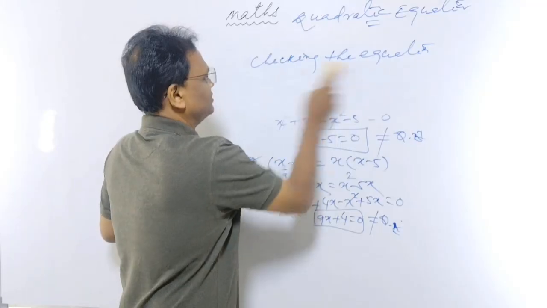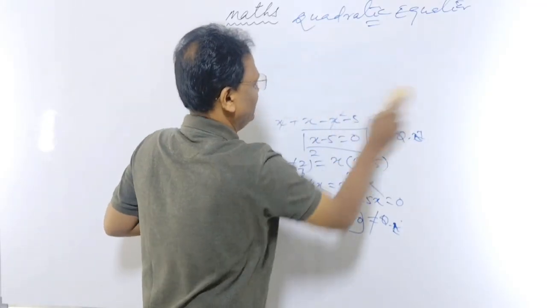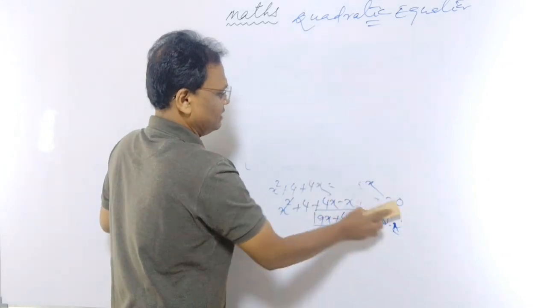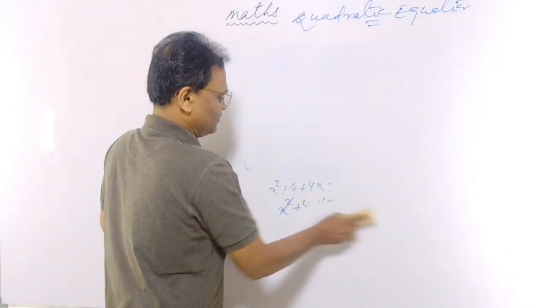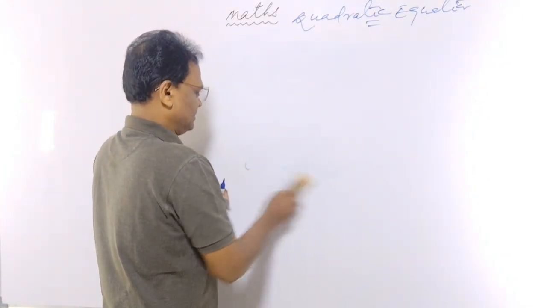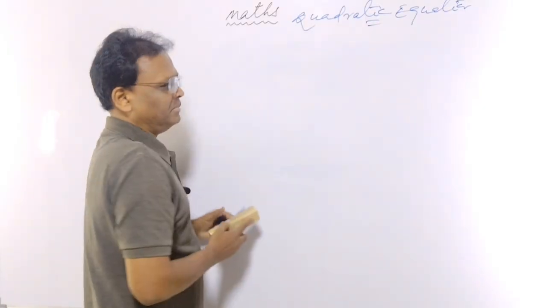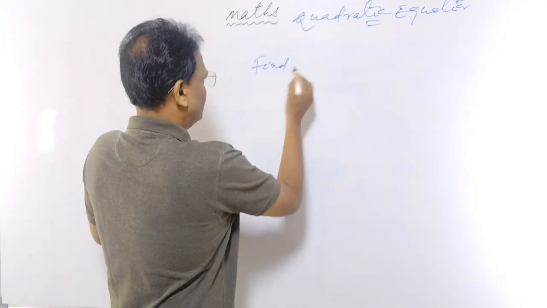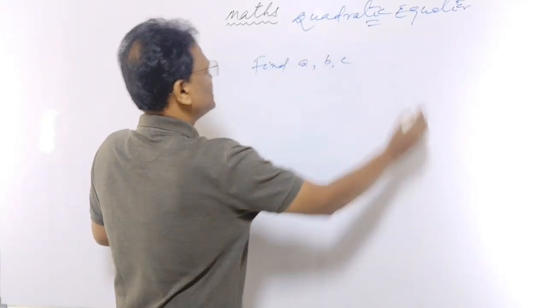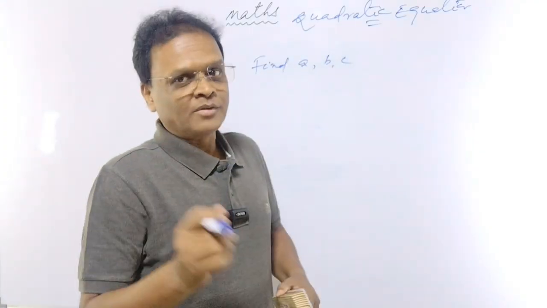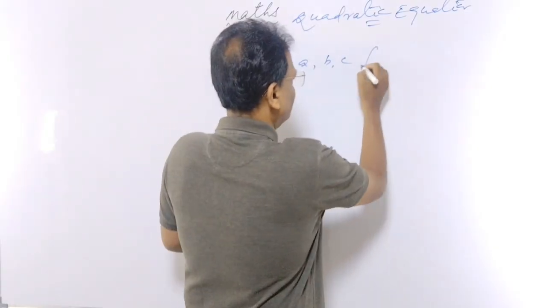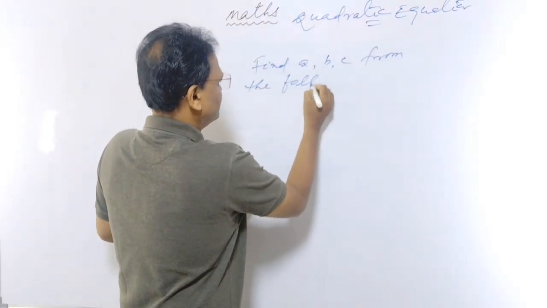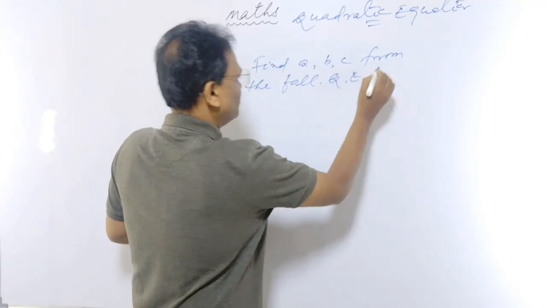Now next I'll just give you a task, and you are to find the value of A, B and C. A few questions I'll give you. In that you are to find the value of A, B and C from the following quadratic equations.